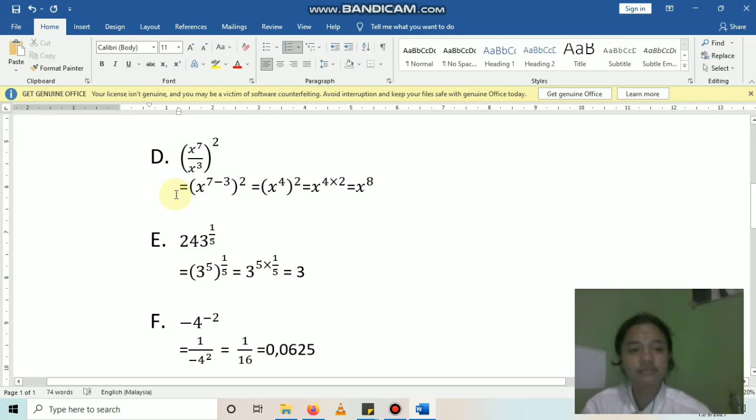equals x to the power of 7 minus 3 squared equals x to the power of 4 squared equals x to the power of 4 times 2 equals x to the power of 8.